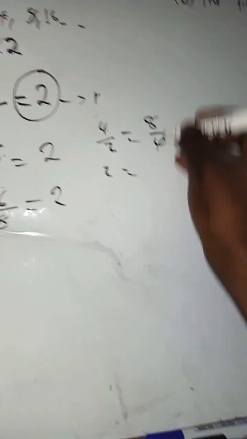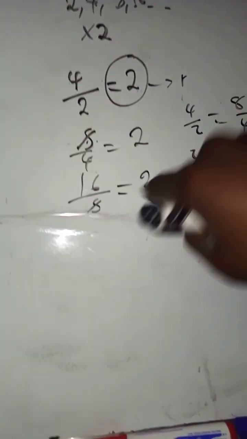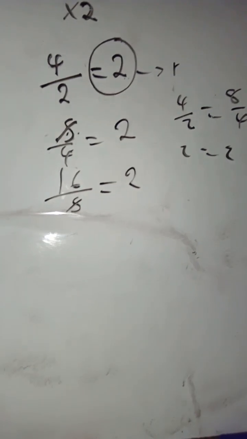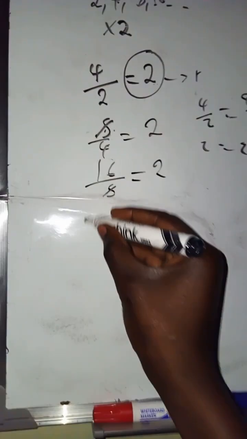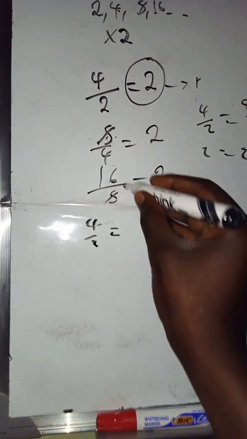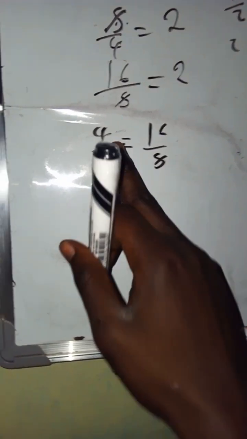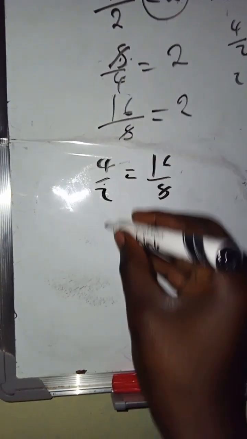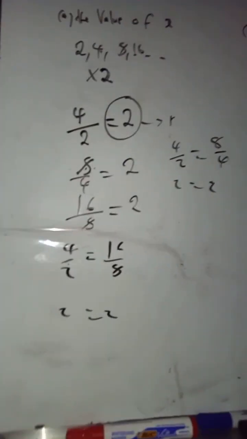And if I'm to get the first term, I can equally equate it to the third term, or to whichever term I'm dealing with. I can also say 4 over 2 equals 16 over 8, because the answer is the same. This will give me 2, this will equally give me 2. So it is from this that we have this equation.